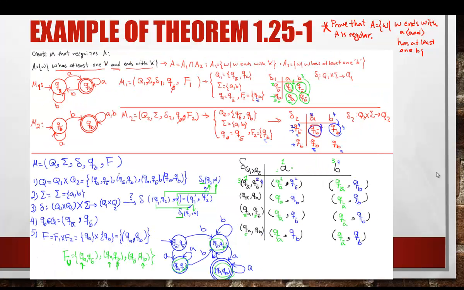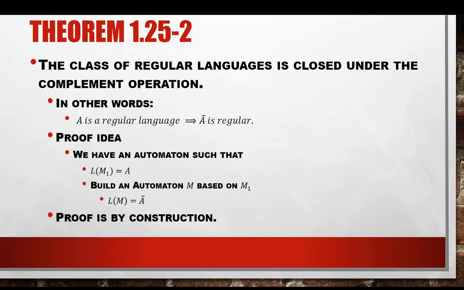Okay, now that you've seen a good deal of examples, one of how to build an automaton that recognizes the union of two languages, or how to build an automaton that recognizes the intersection of the two languages, and in fact the only difference was the accept states, let's look at another theorem in regular languages.